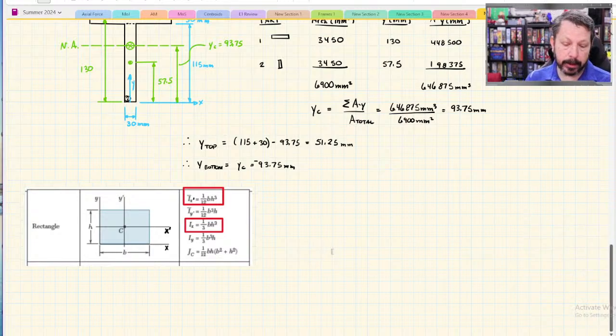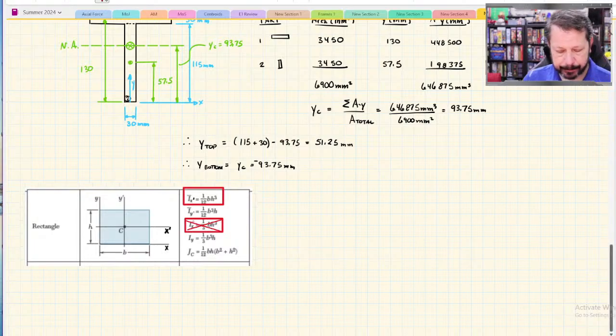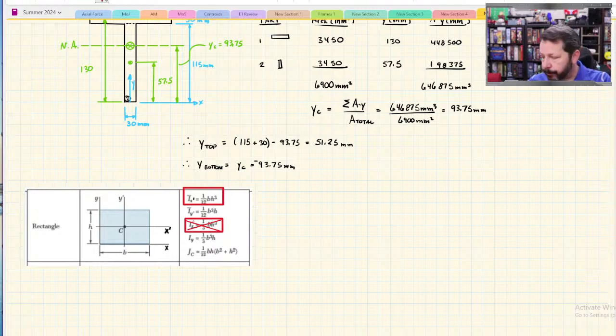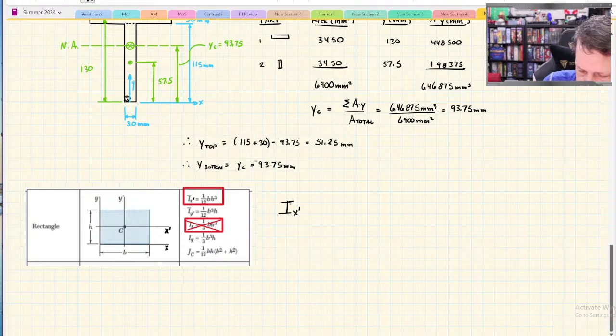And we're only going to use the top one. We're not going to use this bottom one. All right, so let me rewrite the equation in case it's too small to see on your screen. What it says is I x prime equals b h cubed over 12.